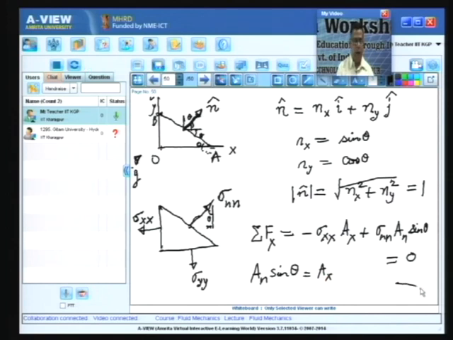So, this quantity and this quantity, they are the same. So, this equation tells you that sigma_nn is equal to sigma_xx.